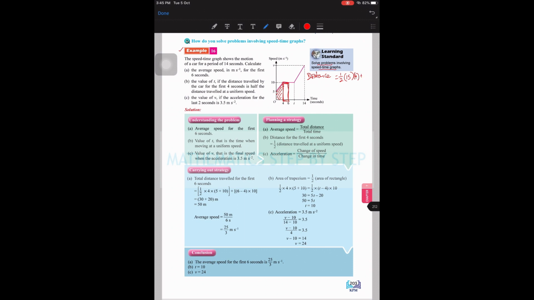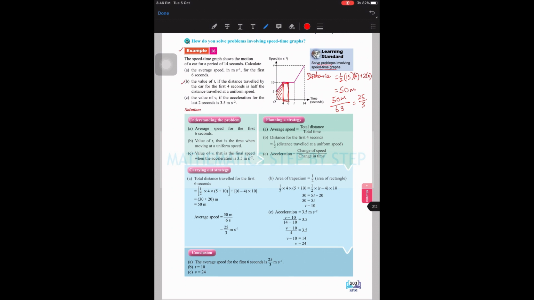Then the area of the rectangle is 2 times 10, okay? So we know that the answer is 50 meter. So the average speed will be 50 meter divided by 6 seconds, okay? So equals to 25 over 3 meter per second, okay?